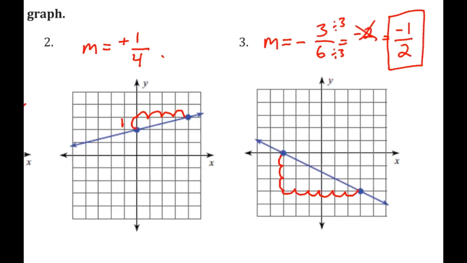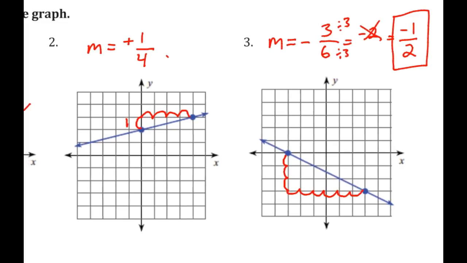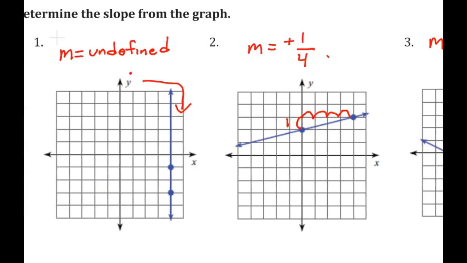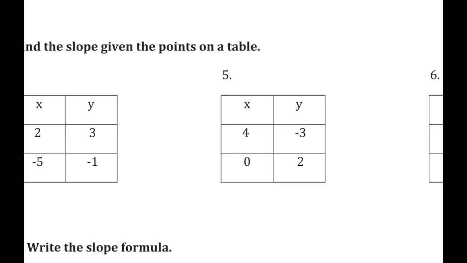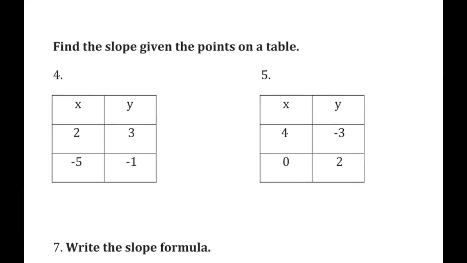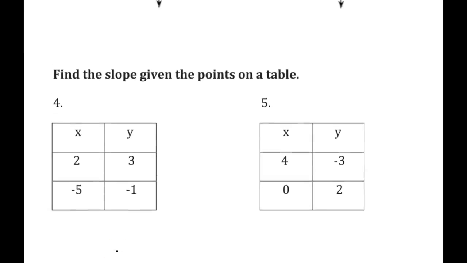So that's just finding slope by using a graph and counting squares. Let's do another method. Remember, we had 3 methods total. The second method was using a table. Very similar, but instead of counting squares, we can just say how far is it from 3 to negative 1. If it helps, have a number line handy.